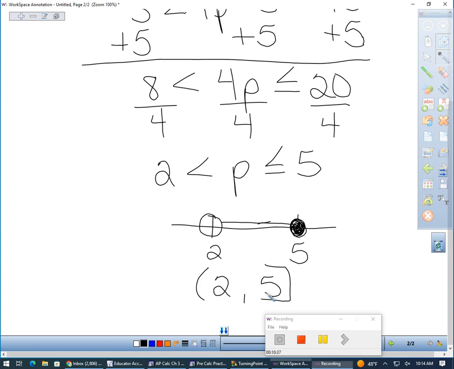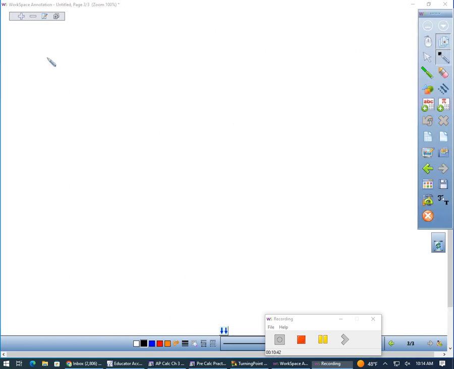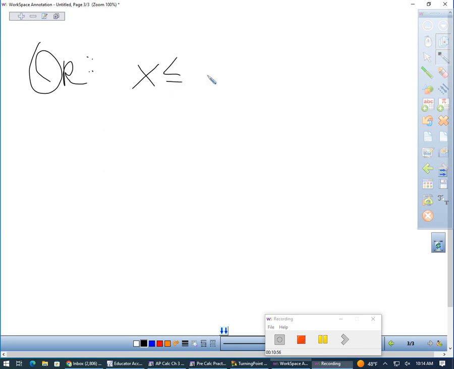All right? Let's talk about or. The only way to write an or problem is with the word or in between. So let's say I have x is less than or equal to 7, or x is greater than 15.